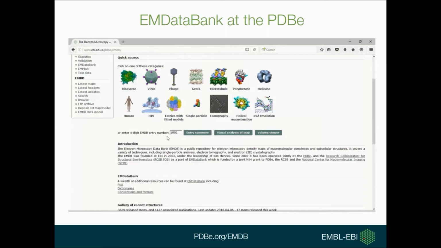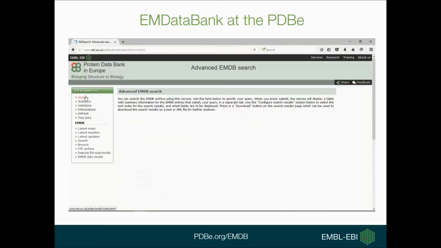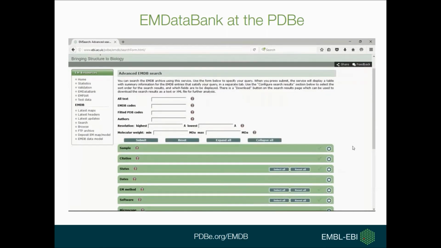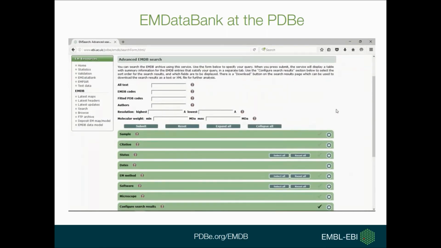If you want to search for a specific entry, you can put this code in here and bring up the entry summary or any visual analysis, and also look at our volume viewer. If you go to the left of the page, there is a link here for search, and this brings up our advanced EMDB search. So you have some ID code searching at the top and resolution searches.